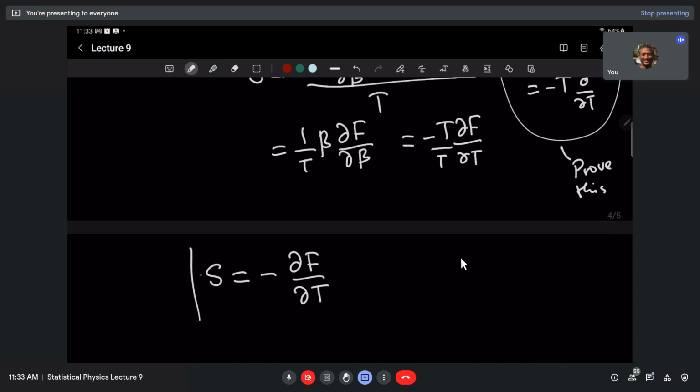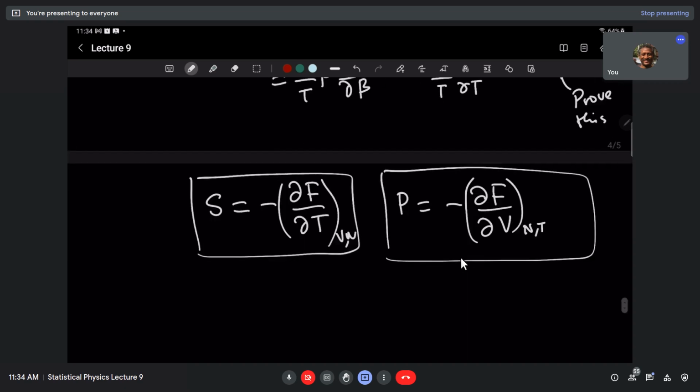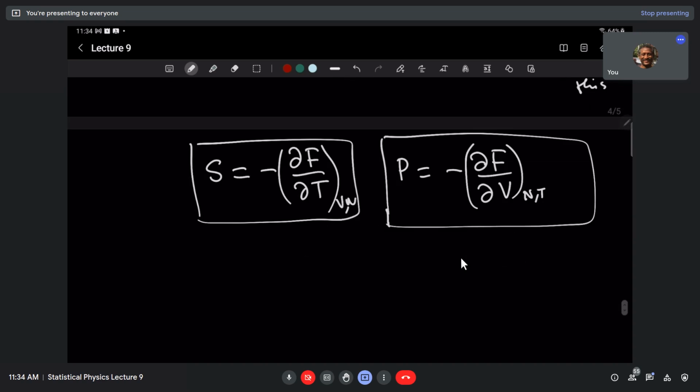This is one formula. We had P equal to minus dF by dV. Let me just write what we keep constant: V and N. Okay, this is what we get. Is this clear?